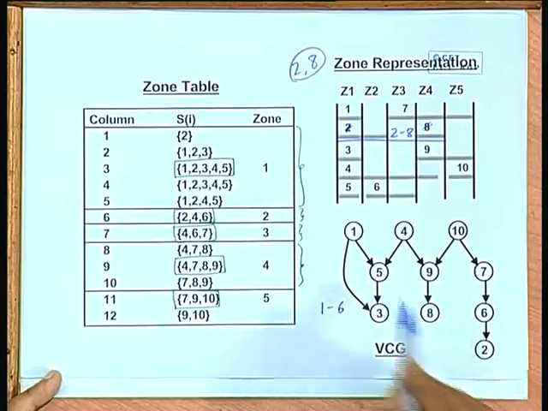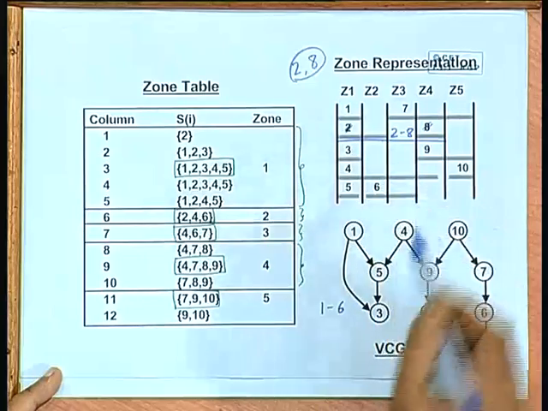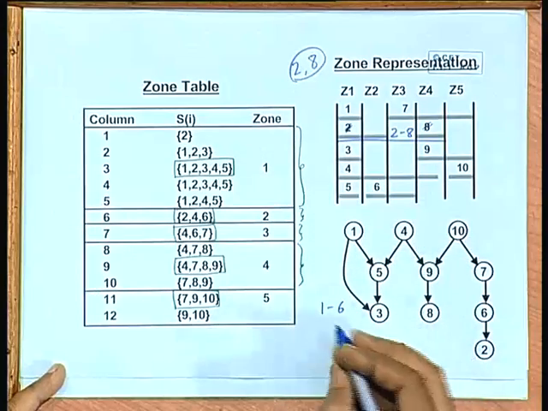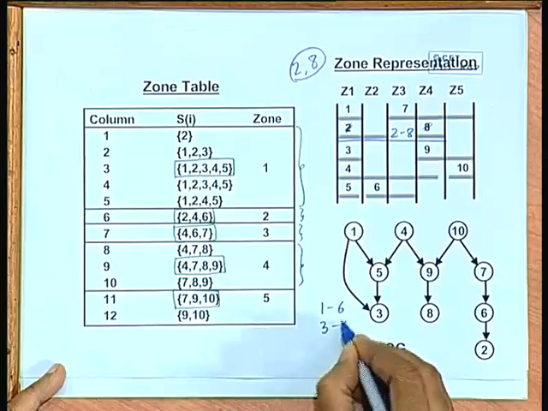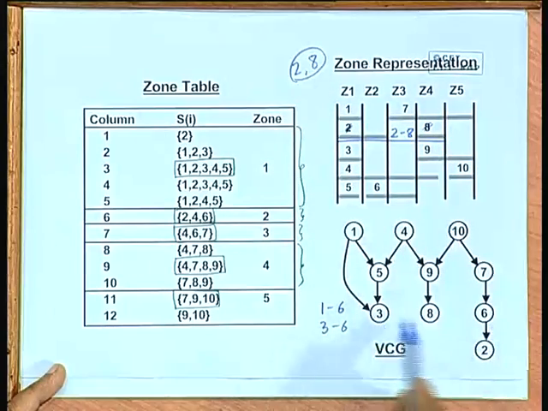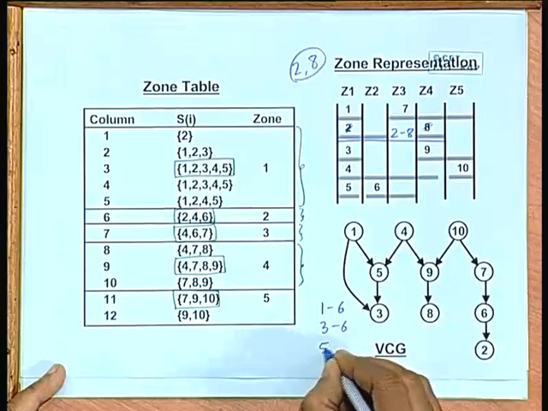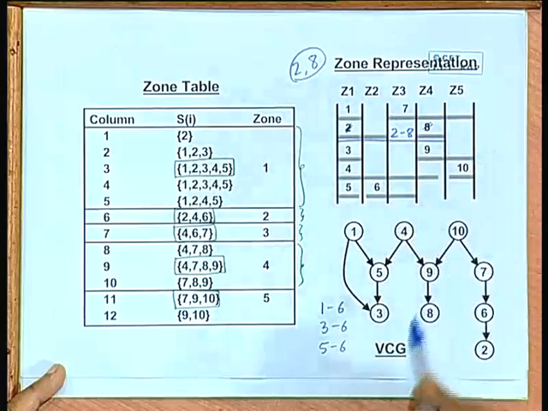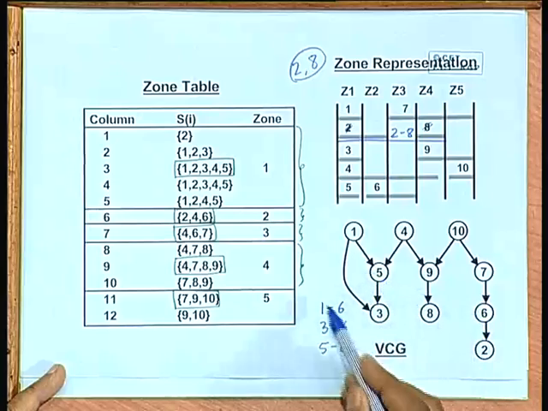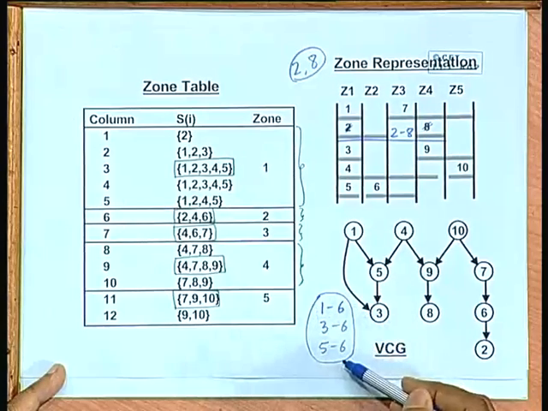They do not have any constraint horizontally or vertically. 3 and 6 does not have any horizontal constraints, vertically also there is no directed edge, and 5 and 6 similar. These are the three possibilities we have.